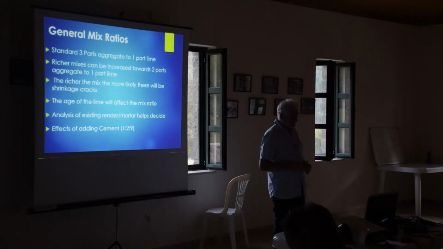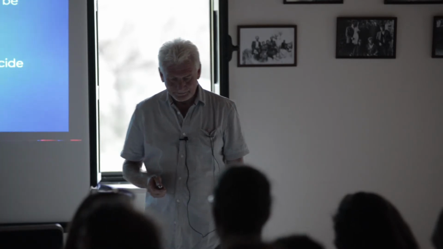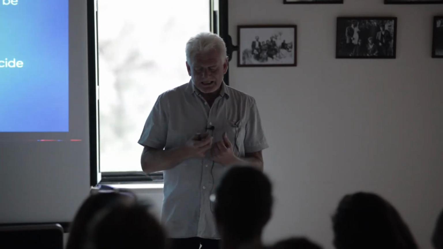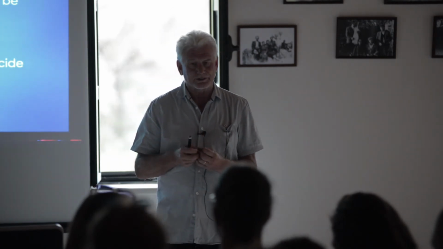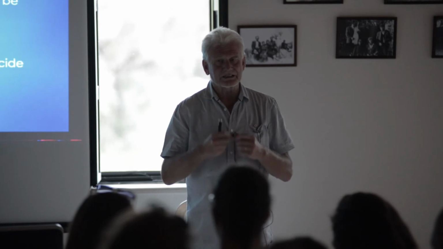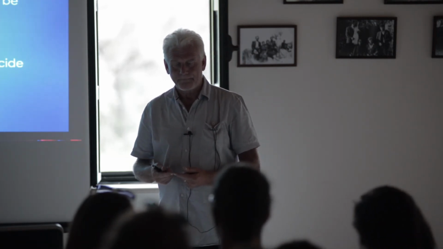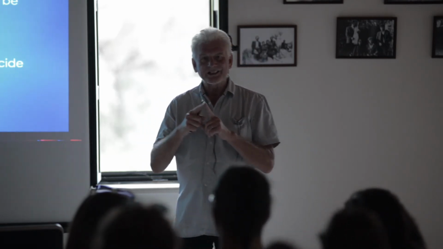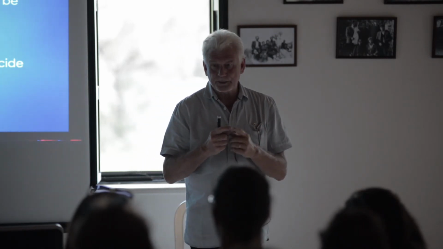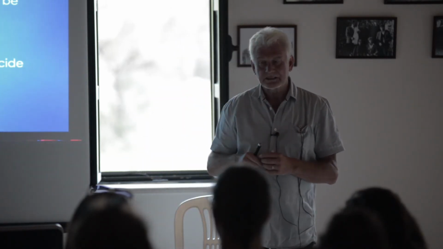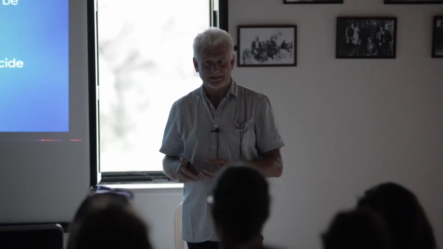The other thing I should have said about the aggregate when you're making the initial mix, it's very, very important that the aggregate is completely covered in the lime. So if you use angular sand, angular aggregate, then it's pretty clear because of the angles it's going to be far easier to make sure that the lime is covering everything.